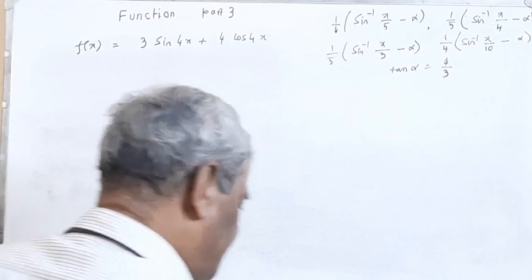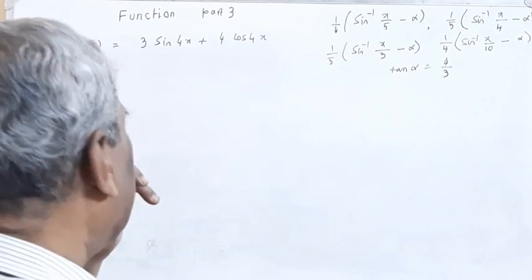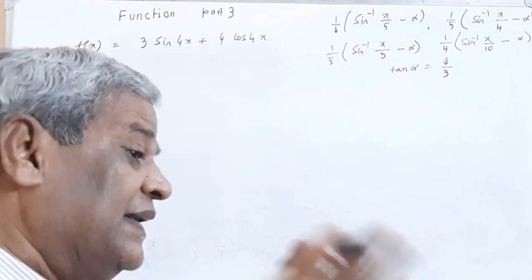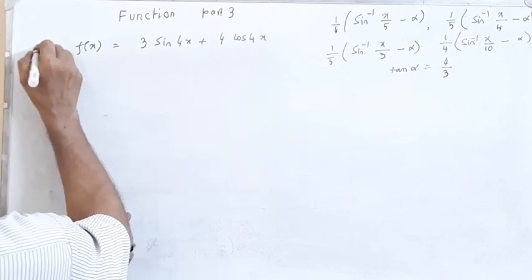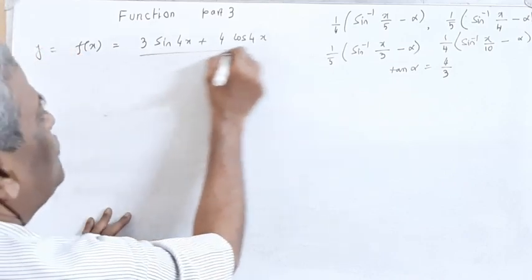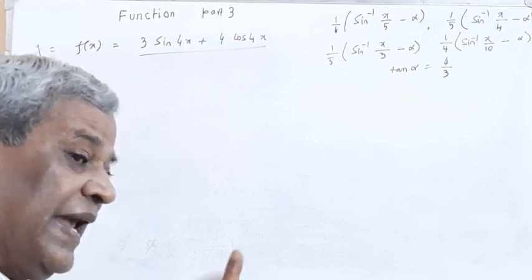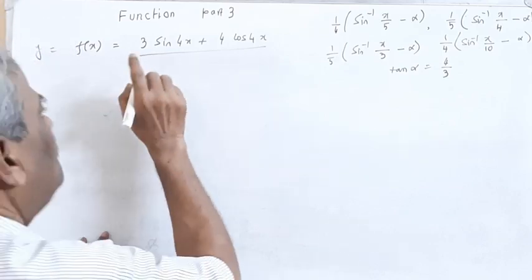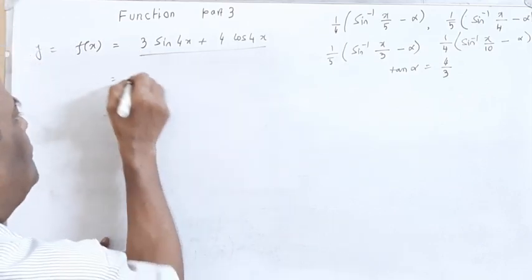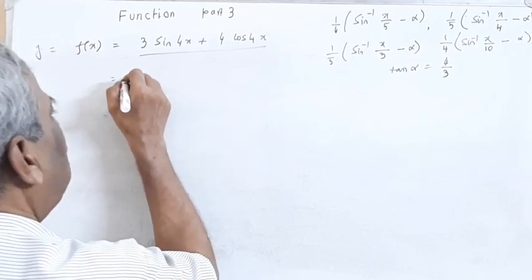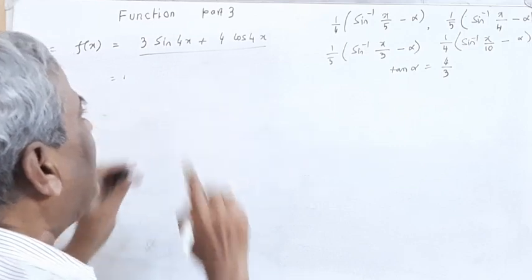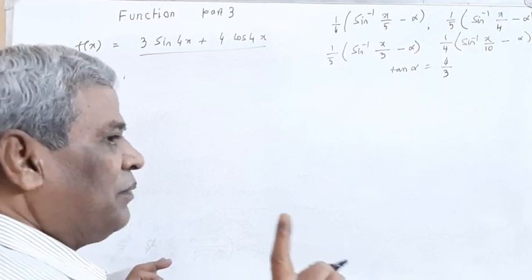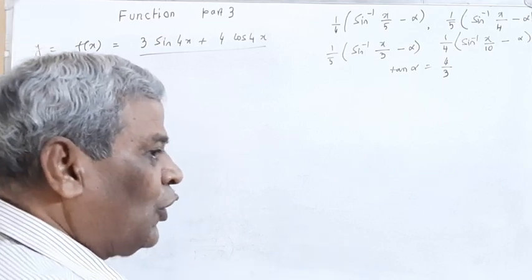Let us follow the problem. f(x) is equal to that, we have to find its inverse. If I say this is equal to y, it is given in terms of x. For the inverse function, we have to find x in terms of y. For that purpose, we combine sin 4x and cos 4x into a single function like sin of something or cos of something.